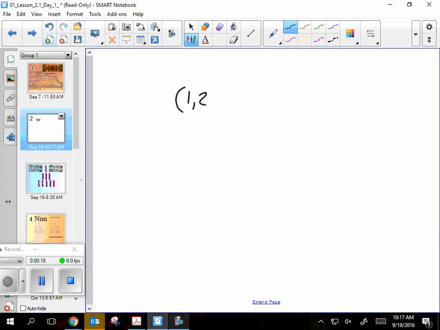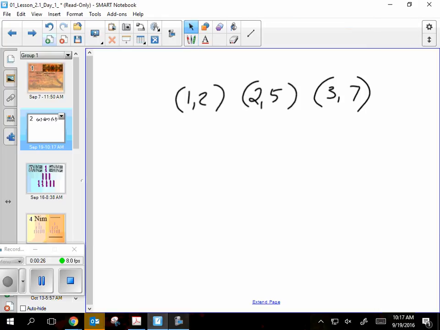If I had the point (1, 2), and then the point (2, 5), and the point (3, 7), I can't even tell if it's a function, because I've never repeated any of the inputs. But if I repeat an input, like, which ones were the inputs, by the way? Yes, the x's, which are 1, 2, and 3 in this case.